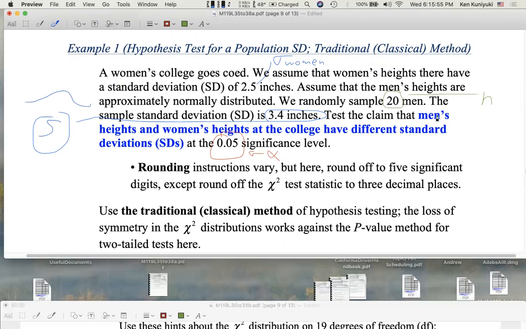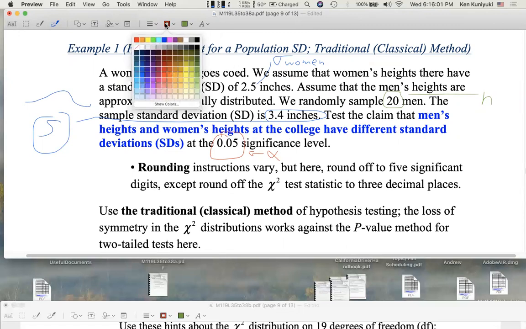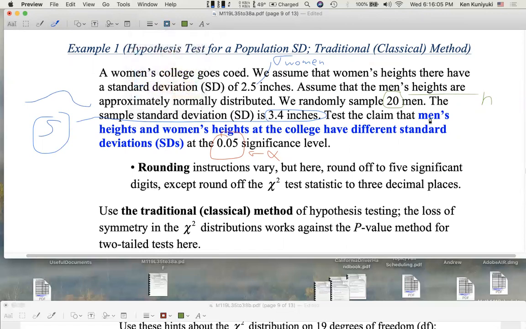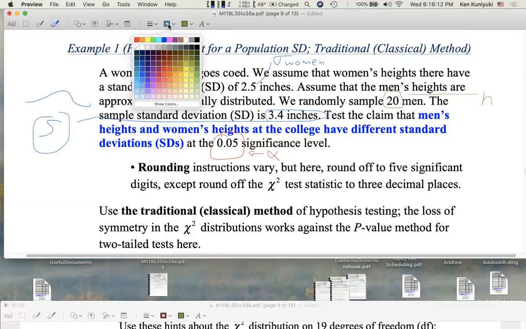Now, there's another way of framing this. Okay, now this is the claim. I'll circle this. Running out of colors. What, turquoise? All right. Orange.